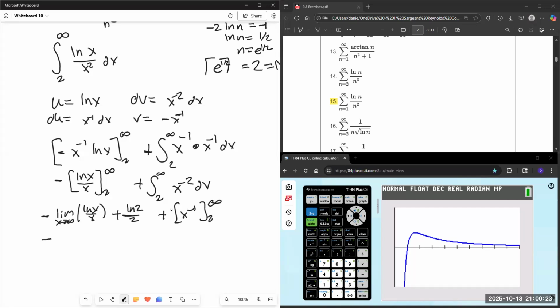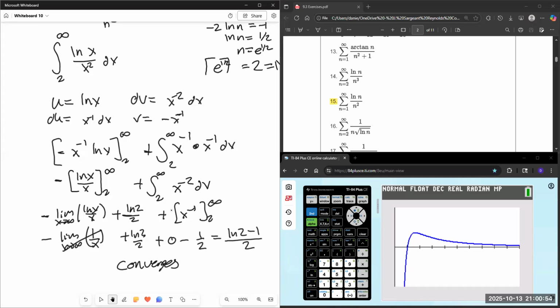This is going to be negative limit as x goes to infinity of 1 over x, which is going to go to 0, plus ln of 2 over 2 plus 0 minus 1/2 ln of 2 minus 1 over 2, which is a finite number, and this converges.